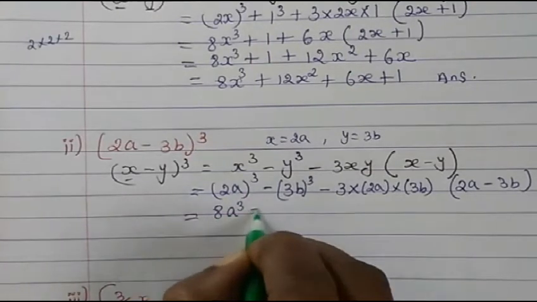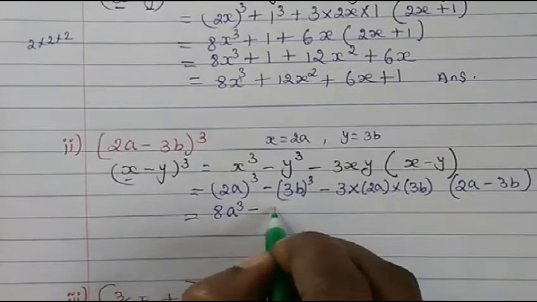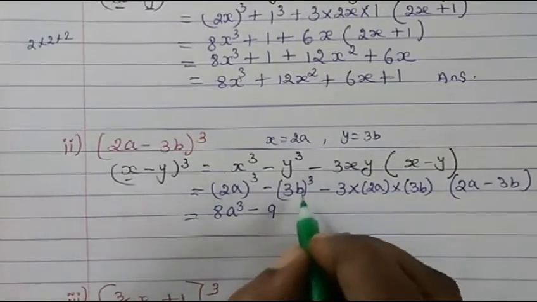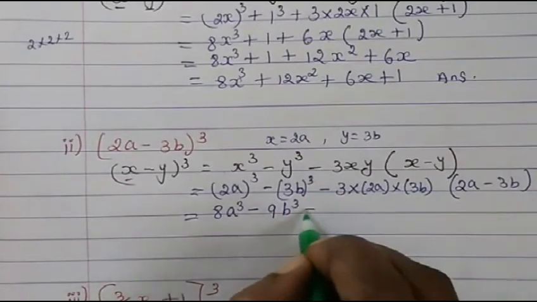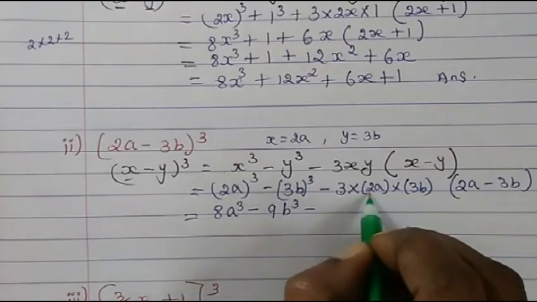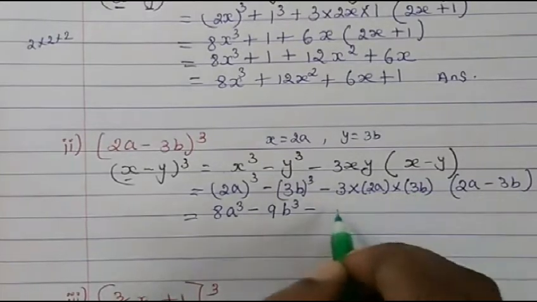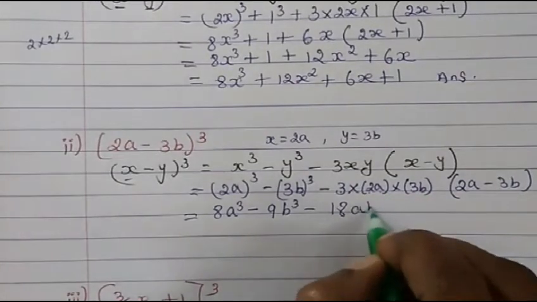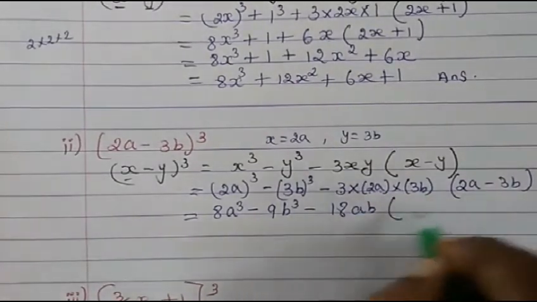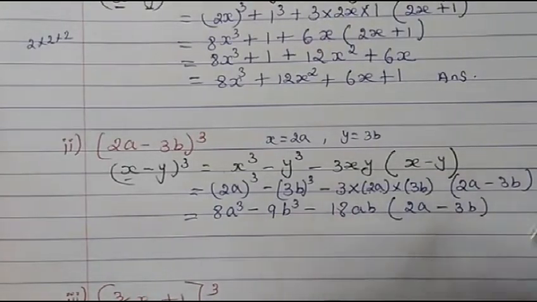Then a cube minus 3 threes are 9. Then b cube, then minus 3 twos are 6. 6 threes are 18. Then a and b we will write as it is. So in bracket we have now 2a minus 3b.